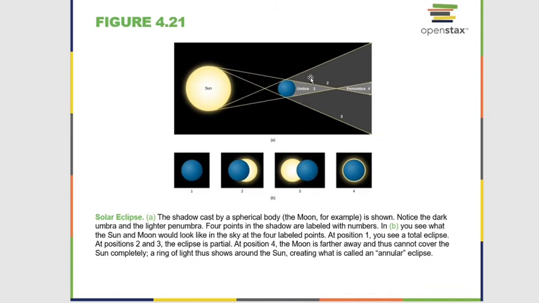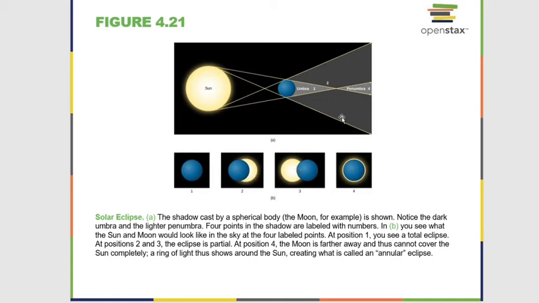However, if you're in what's called the penumbra, like let's say we're in region 2, you see part of the sun in this region up here, but not all of it.